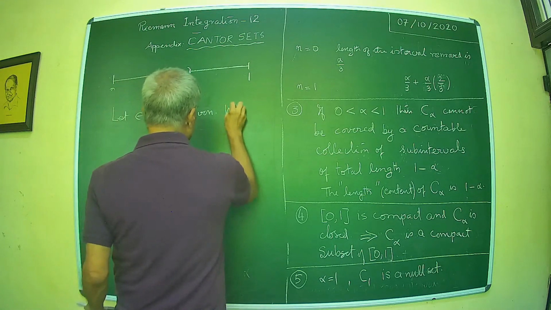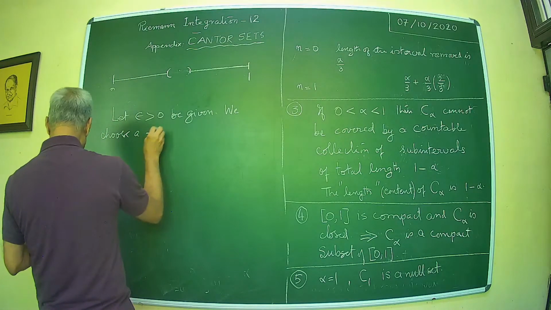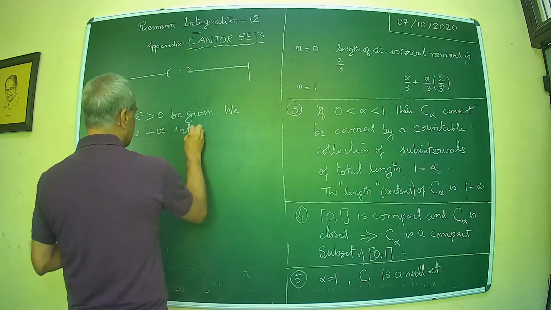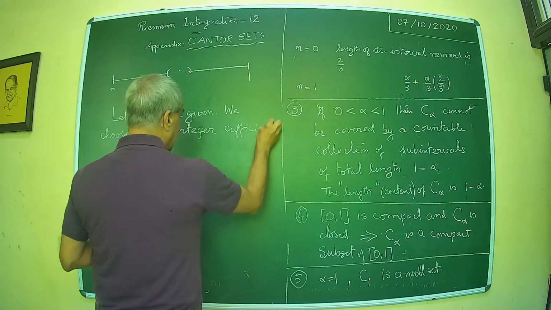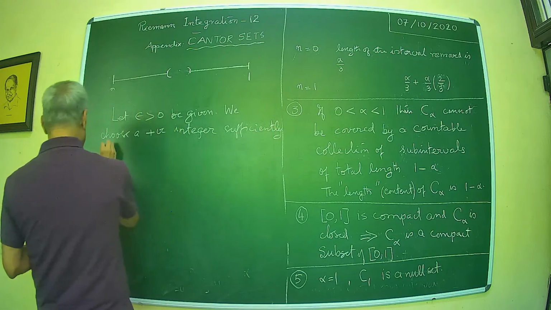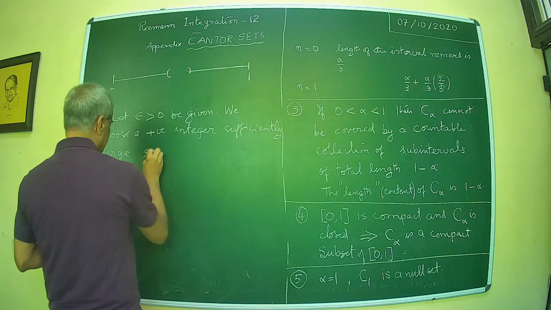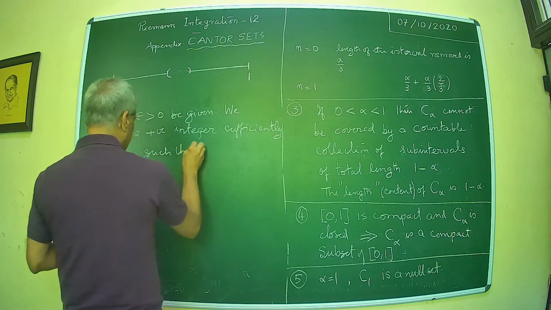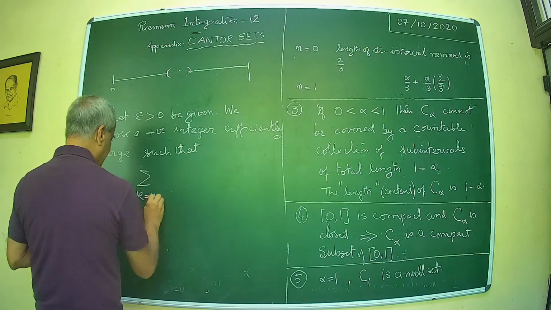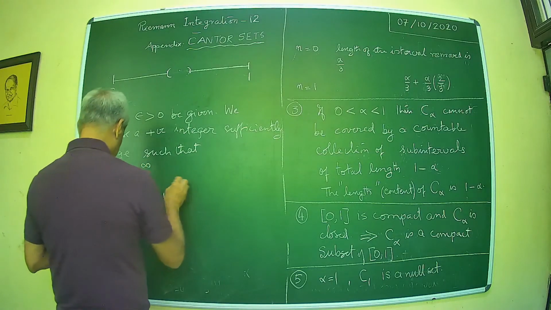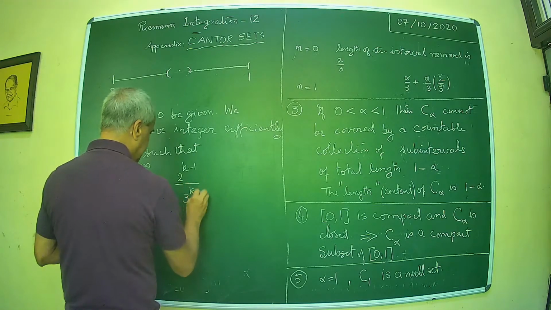Now we choose a positive integer n sufficiently large, so that sigma k equal to n plus 1 to infinity of 2 to the power k minus 1 divided by 3 to the power k is less than epsilon.